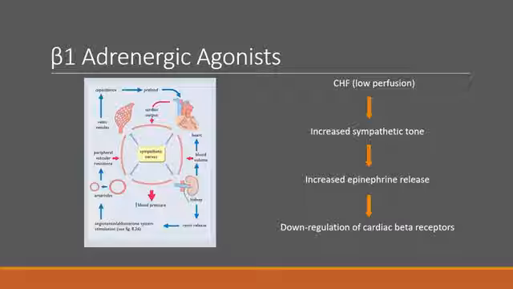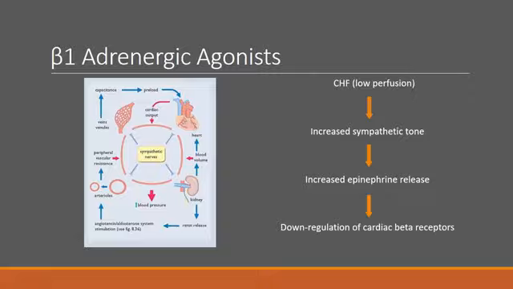Along with the increased sympathetic tone, obviously you're going to get a release of norepinephrine and epinephrine to help stimulate that sympathetic tone. Over time, though, that system's going to compensate by down-regulating the number of cardiac beta receptors. And so with a down-regulation, the epinephrine that was effective before is no longer as effective.